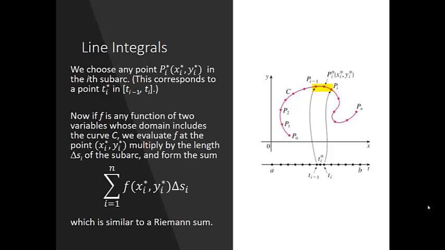And if f is any function of two variables whose domain includes this curve C, we're going to simply evaluate f at that sample point and then multiply by the length delta s sub i of the corresponding sub-arc. So we take the function f, we evaluate at the sample point, we multiply by the length of that little sub-arc, we add all of these together for each one of these little sub-arcs, and we get something that looks a lot like a Riemann sum.